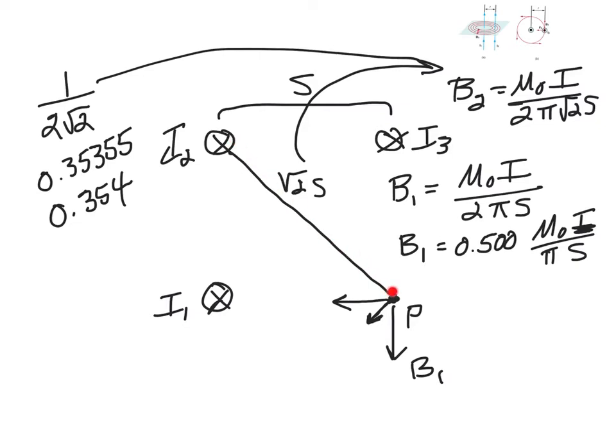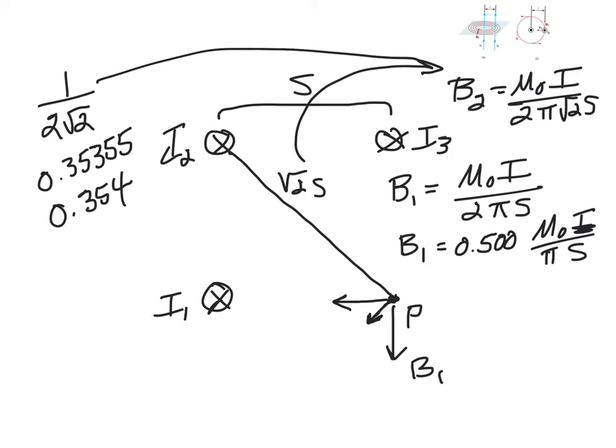So the distance is the square root of 2 S, so we have B2 equals mu naught I over 2 pi square root of 2 S. So if we take out the coefficient, it's going to be 1 over 2 square root 2, which is 0.35355. It rounds to 3 significant figures to 0.354.